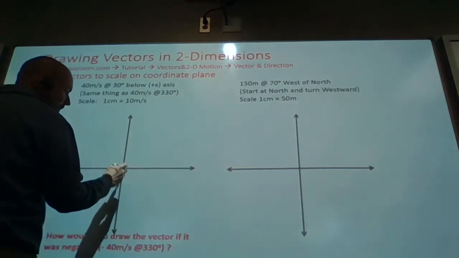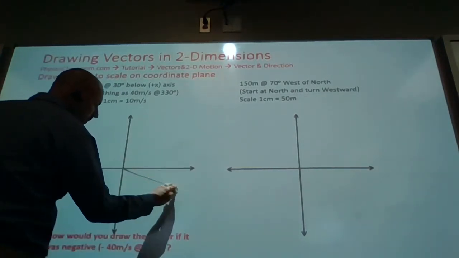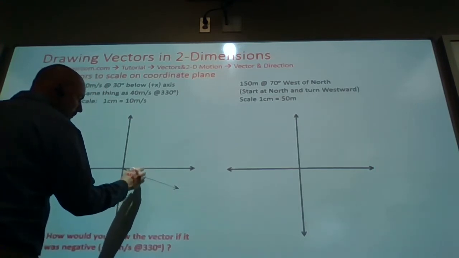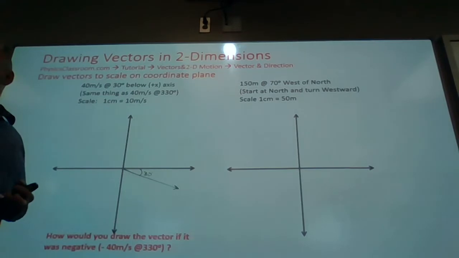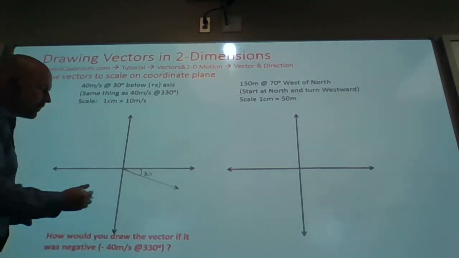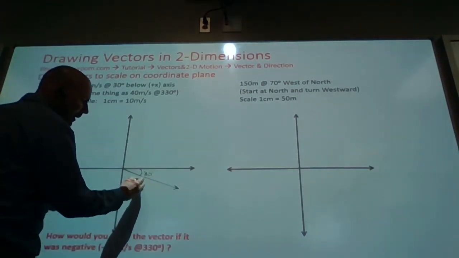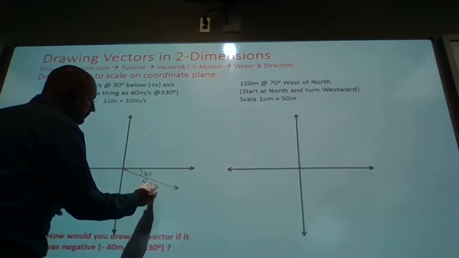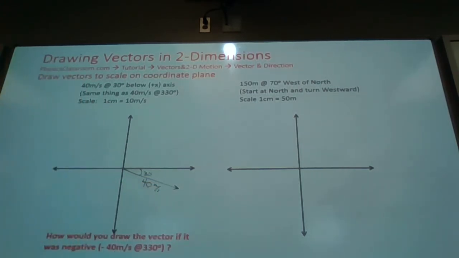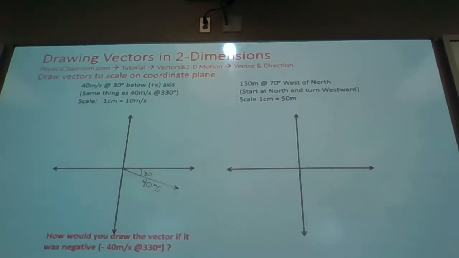We're going to go 30 degrees below that. That looks about 30 degrees. All you need to do is estimate, draw. I'm not going to have you draw it to scale, just so that you know where roughly it is on the coordinate plane. Good with that?